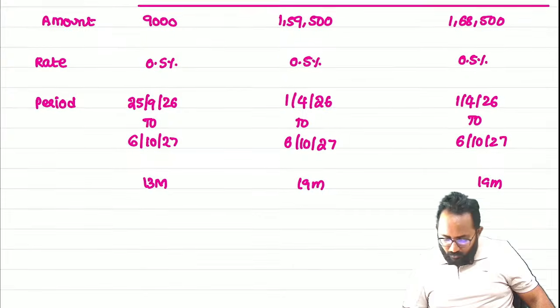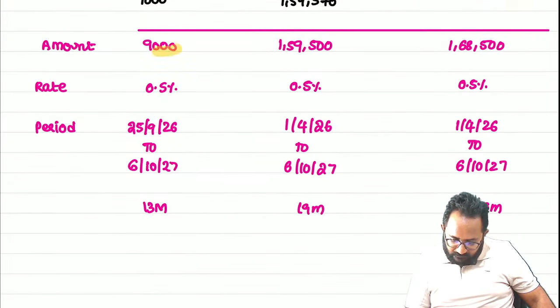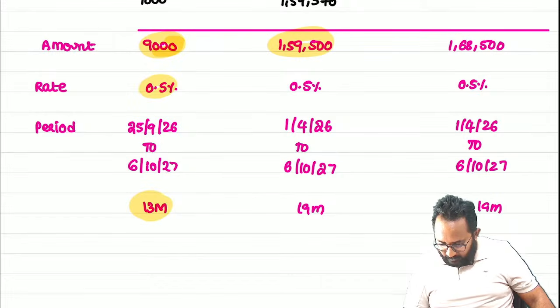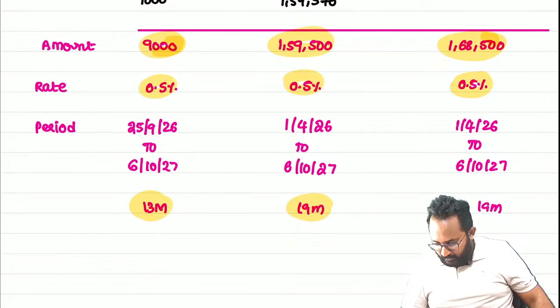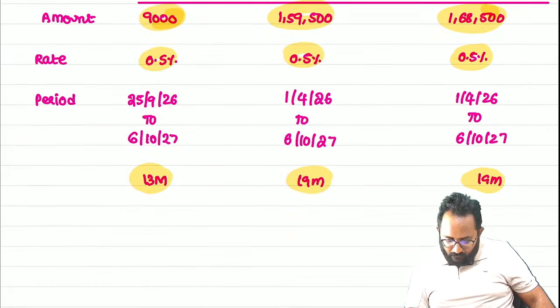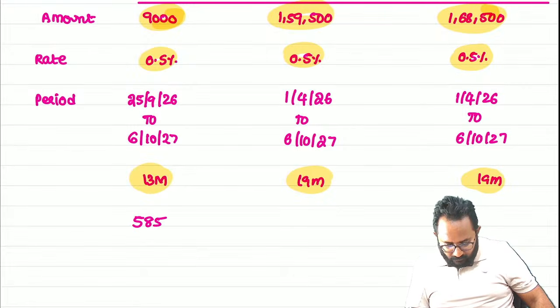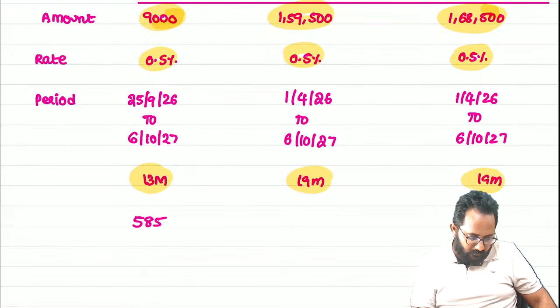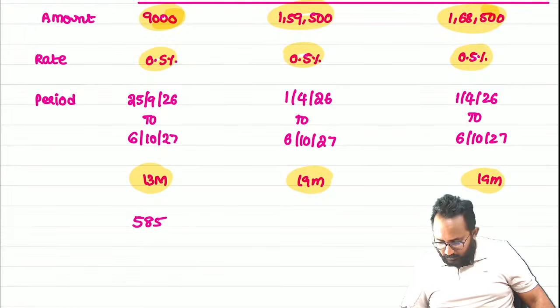Okay. Now, please multiply these things. Tell me how much. These things also you can multiply. Tell me how much. 585 here. 15,153.